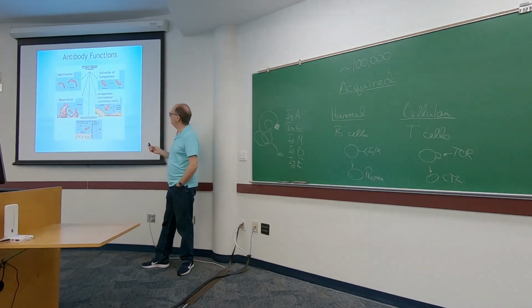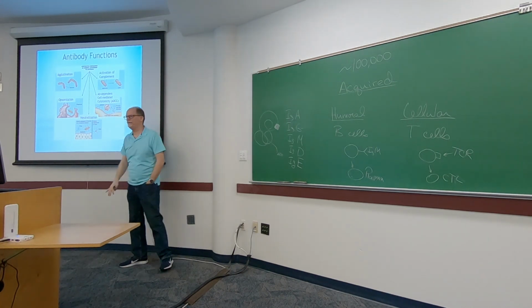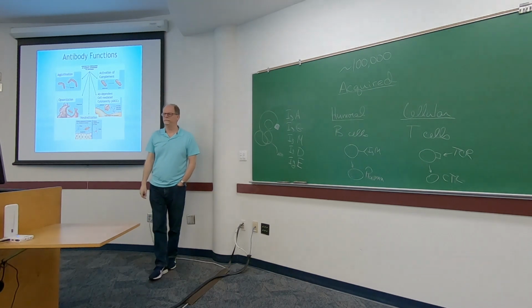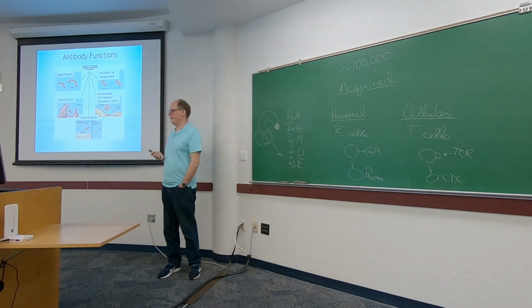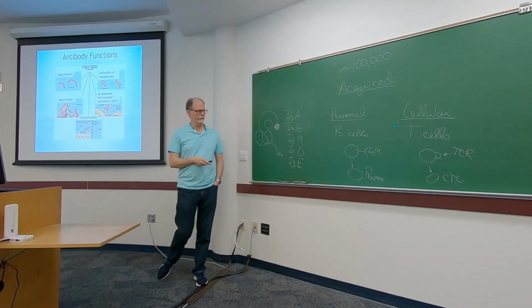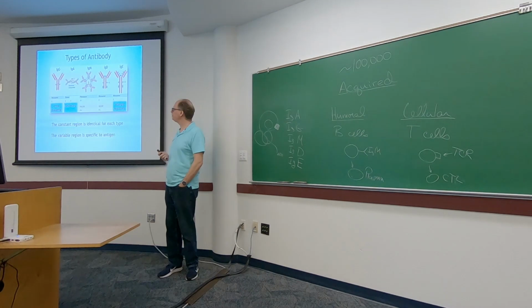Then we talked about complement in section 13 too. There's this ADCC as well. Don't worry about understanding what that is. It's a combination of cell-mediated, cellular, and humoral. Antibodies are involved.